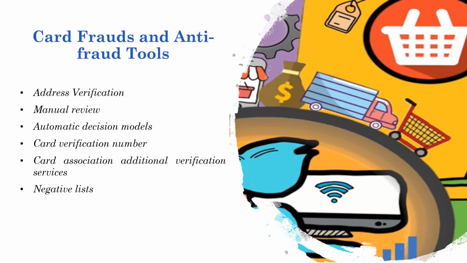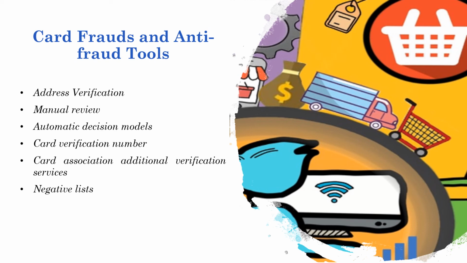The card frauds and anti-fraud tools. So, class, in our online world, the merchants are held liable for fraudulent transactions. Managing online fraud continues to be a significant problem for online merchants.